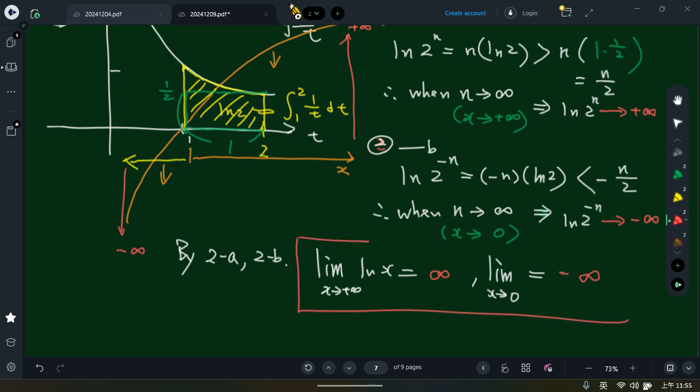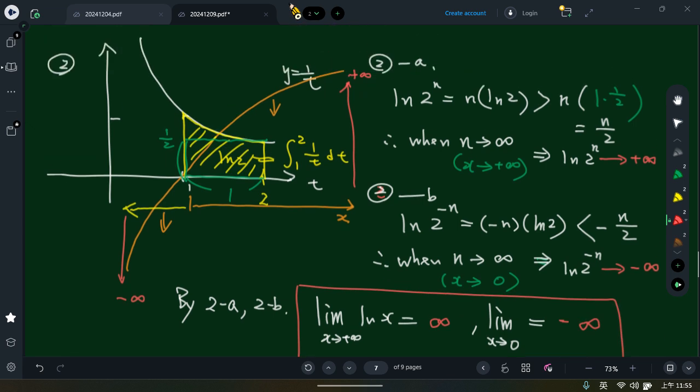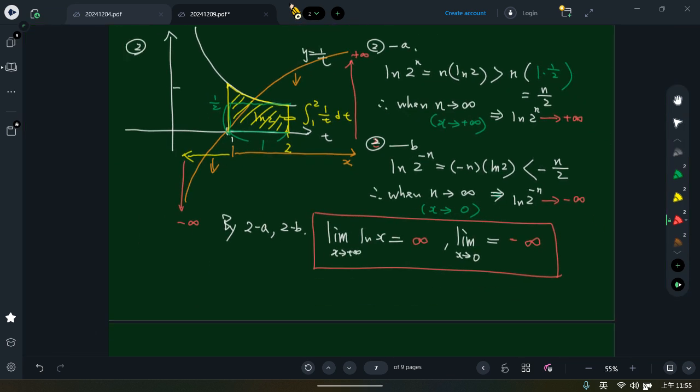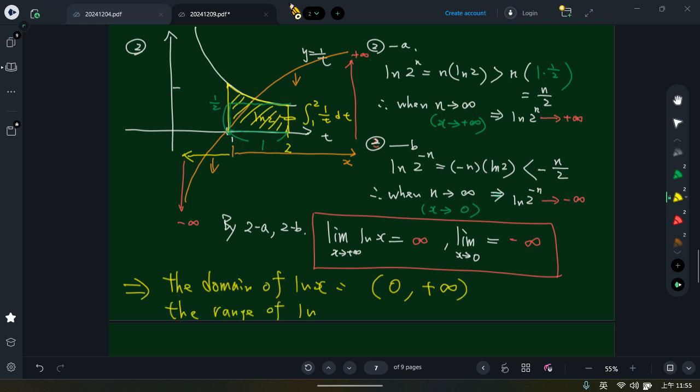So we can get the result. And we can also conclude that the domain for ln x will be from 0, not including 0, to positive infinity. But the range of ln x will be negative infinity to positive infinity.